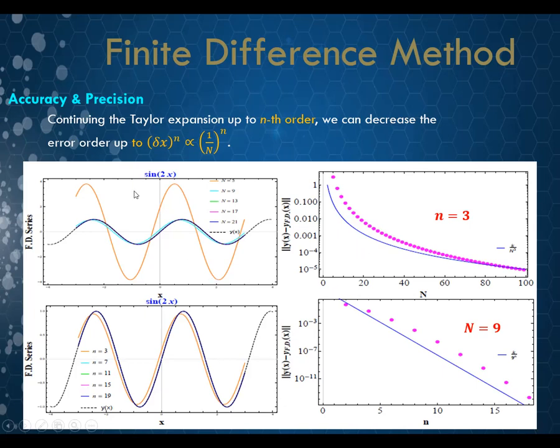We can summarize that the error in the finite difference method decays as 1 over N to the power of n. I mention again that capital N is the number of grid points and small n is the order of the Taylor expansion.